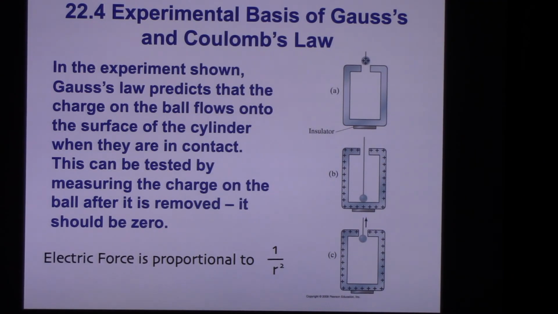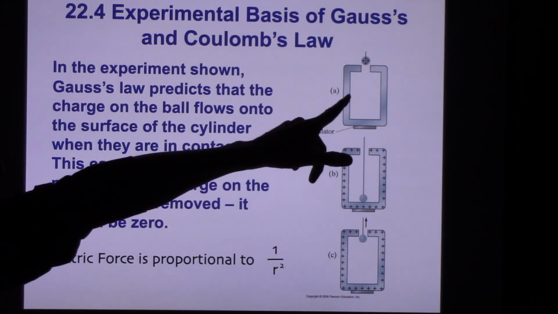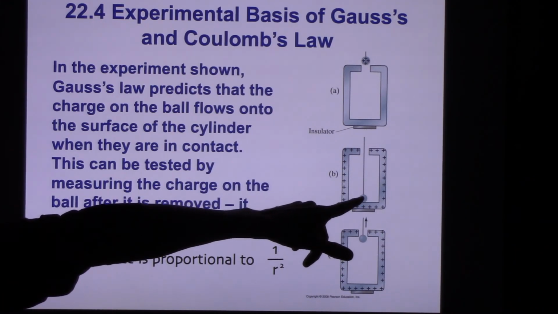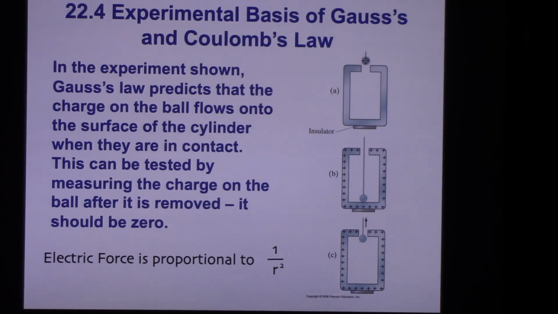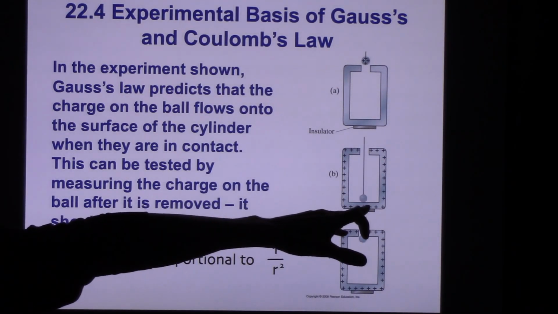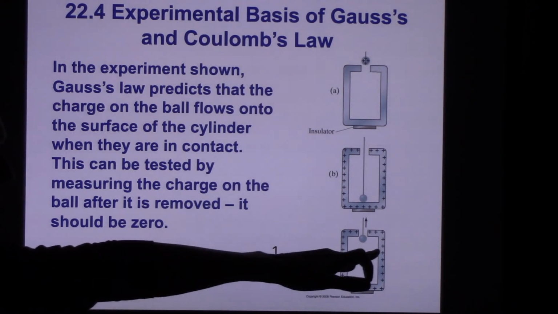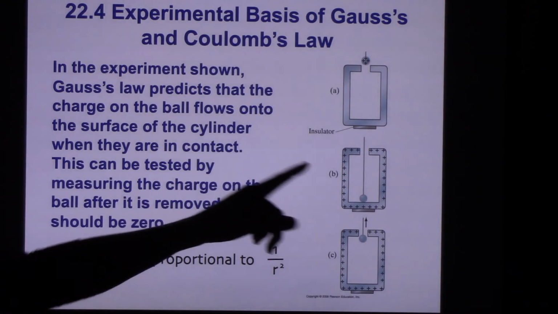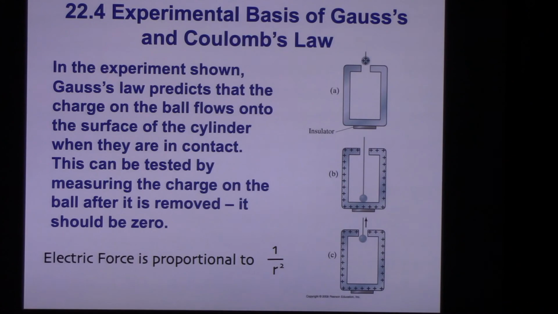This is a way of establishing that if we took a charged object and moved it within a conductor, once we're inside this conductor, the E field everywhere inside here should be zero. Once we've made contact with the surface, all the charge that we had on that sphere will migrate to the surface. When we remove the object from inside, it's going to leave us with no charge at all on that sphere.